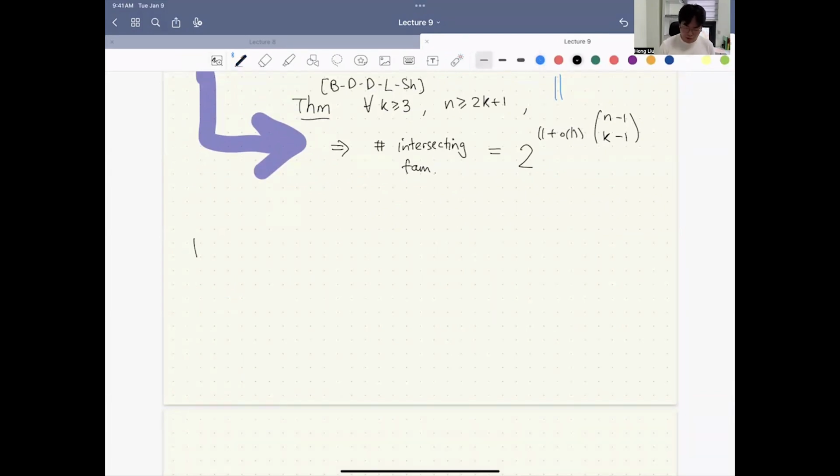So this hypergraph container is, well, as the name suggests, Kleitman and Winston introduced this graph container. Naturally, one can think, what about hypergraphs? Can we also have some sort of container theorem as long as this hypergraph is locally dense or, I don't know, has some nice property? So hypergraph container.